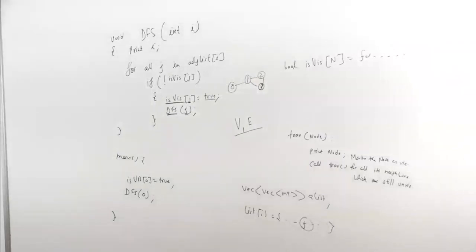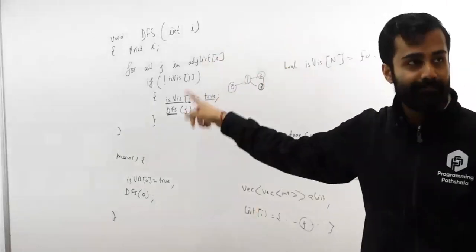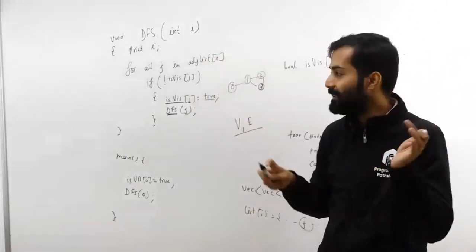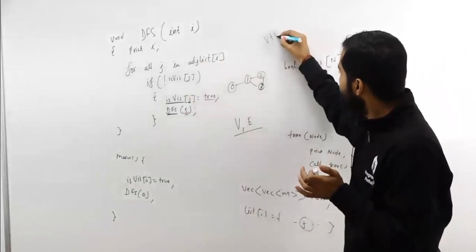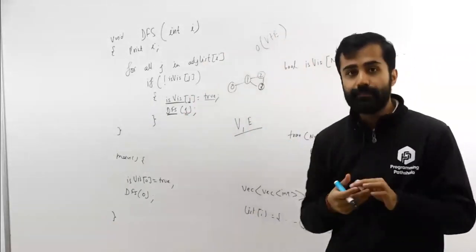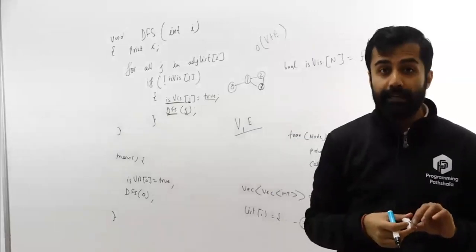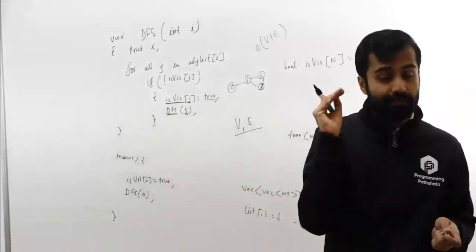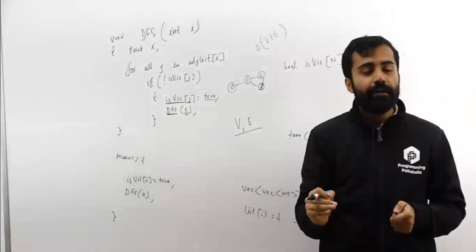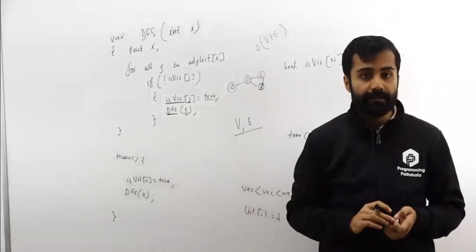A lot of people in interviews, I have seen, mug up the time complexity of DFS, that it is equal to a certain thing. By the way, it is equal to V plus E. But when asked to explain why it is order V plus E, they might have no answers because it takes an effort to understand why.